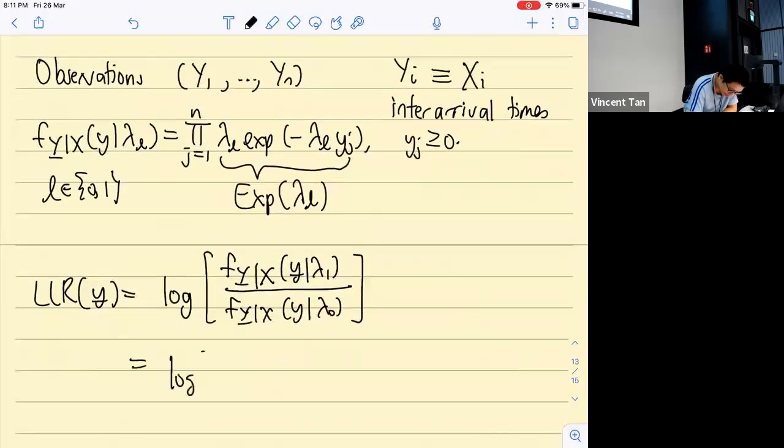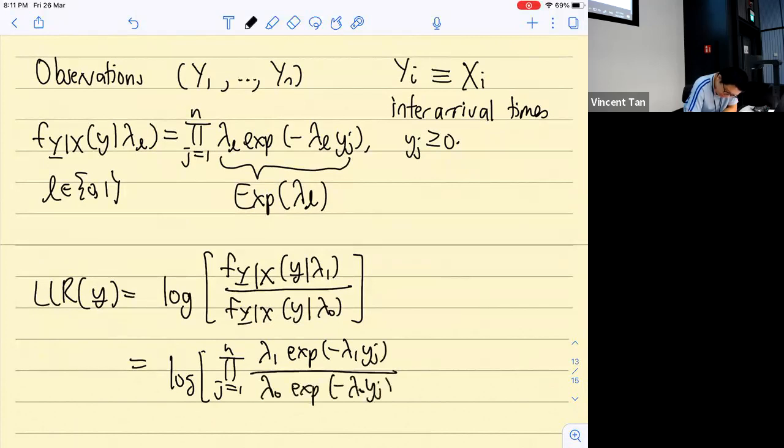This is the log of the product j running from 1 to n of lambda 1 e to the minus lambda 1 yj over lambda 0 e to the minus lambda 0 yj. As I said, a lot of distributions are exponential families. Here it's convenient to take the log because the log and the e will hopefully cancel away nicely.